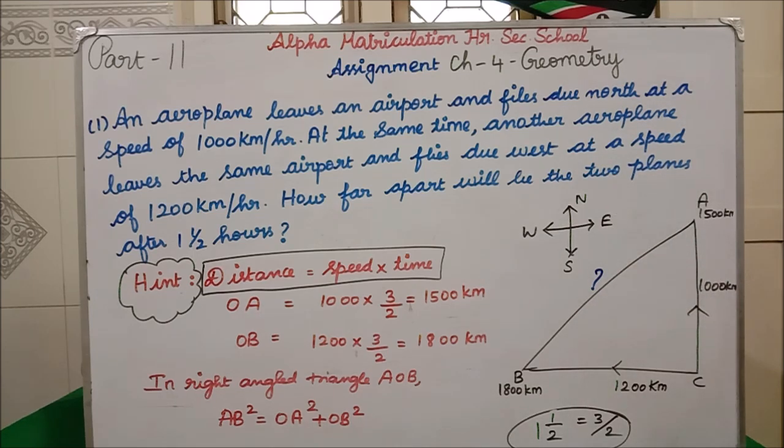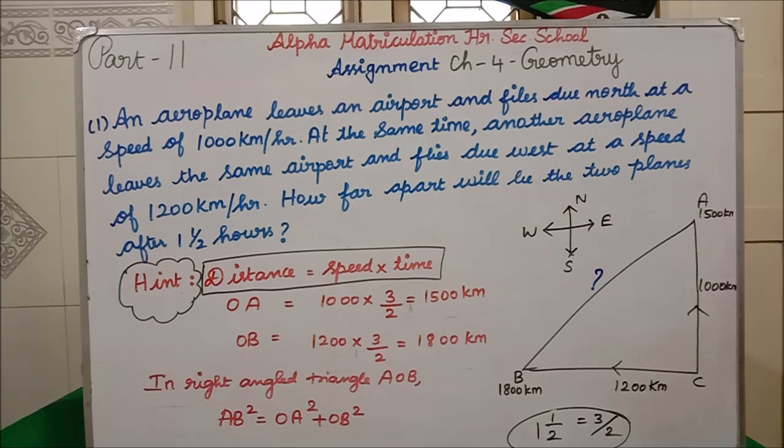First, the aeroplane is leaving. Now consider that at point C we have the airport. The first aeroplane is leaving towards the north direction. North means which direction? This side. So it is leaving north at the speed of 1000 km per hour. This 1000 km per hour is what?